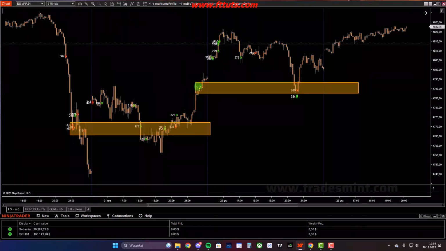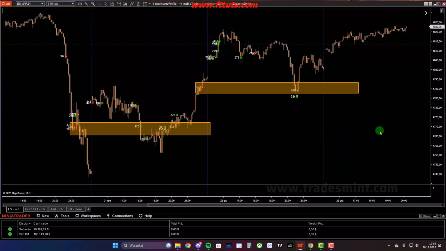Yes, because when the New York session stock market opened, the price was the same as here, above that seller's area. So there's a high probability that the price will move down, just to fill the gap and to close the failed position at break even.